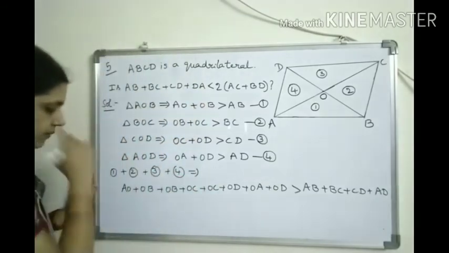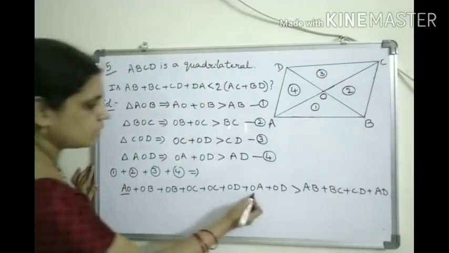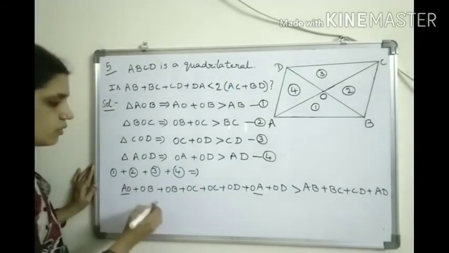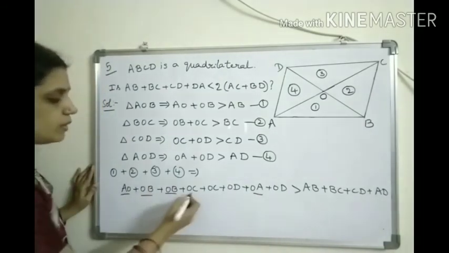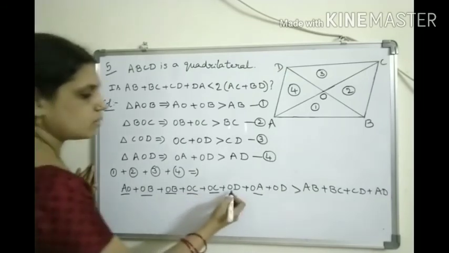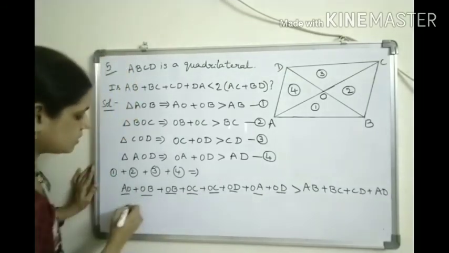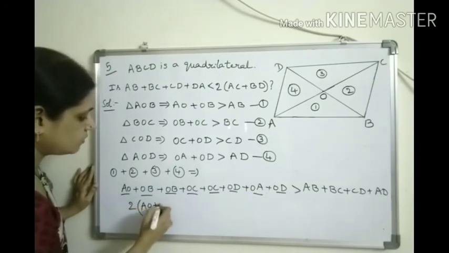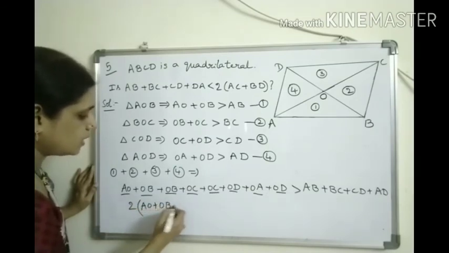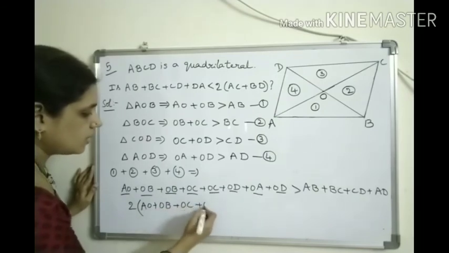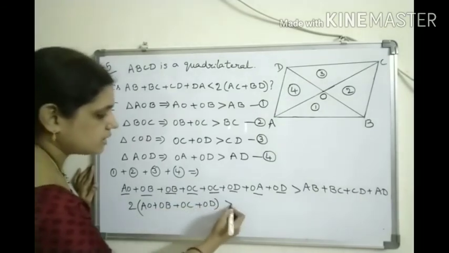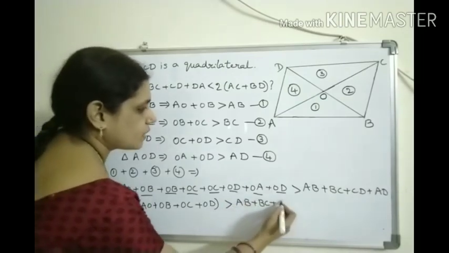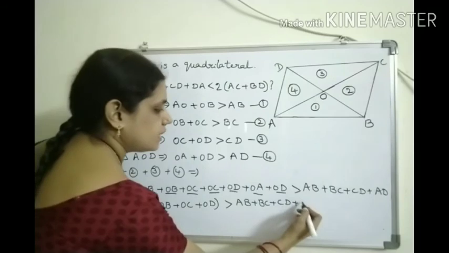Now if you see, AO plus AO, OA and AO both are the same. So like that we got 2 AO, OB plus OB, 2 OB, OC plus OC, 2 OC, OD plus OD, 2 OD. So can we write like this? 2 of AO plus OB plus OC plus OD is greater than AB plus BC plus CD plus DA, DA and AD both are the same.